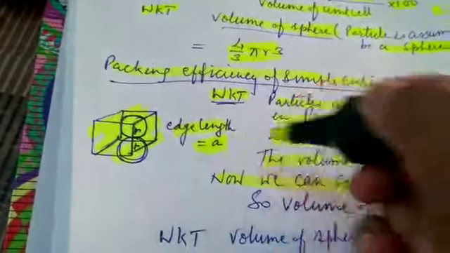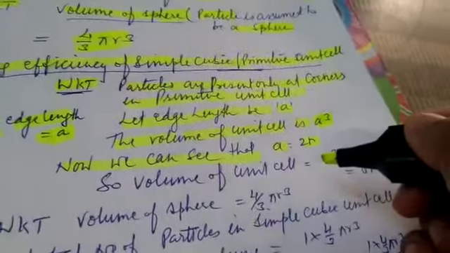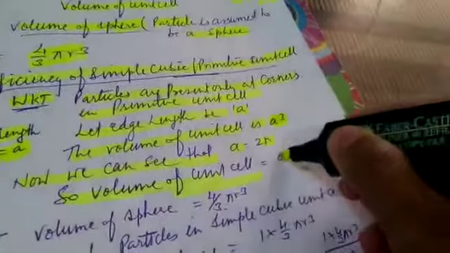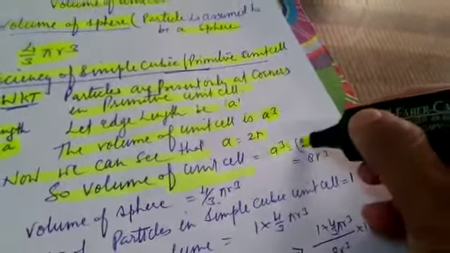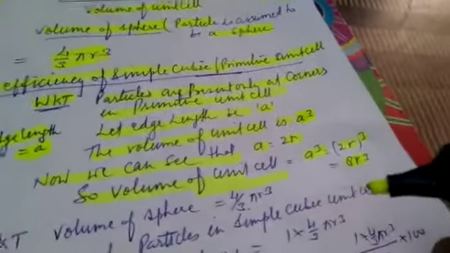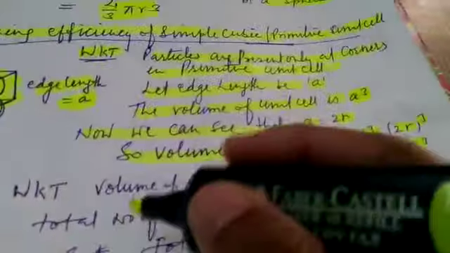So a equals 2r. So the volume of the unit cell is a cube, which is 2r cube, equals 8r cube. So the volume of the simple cubic unit cell is 8r cube.